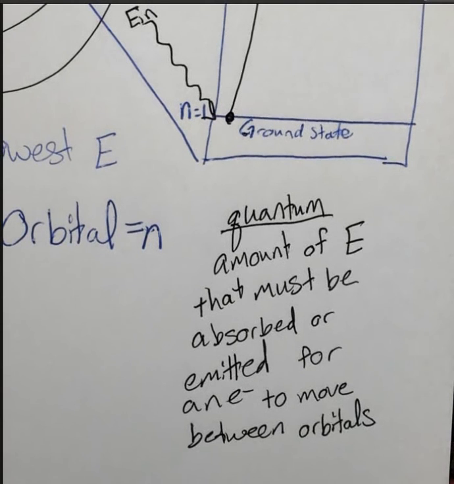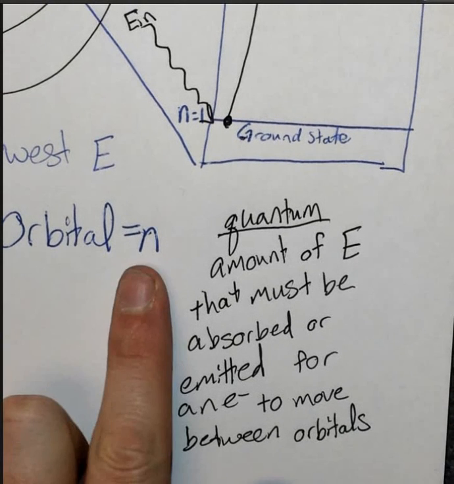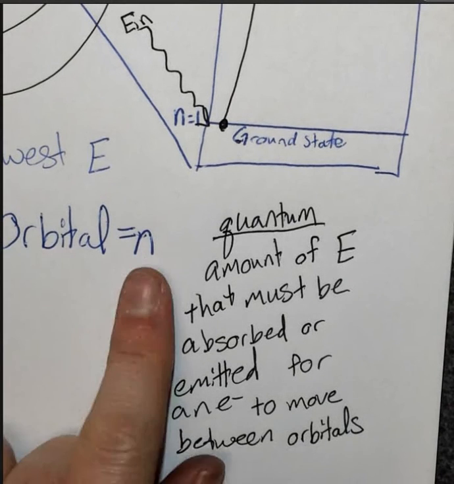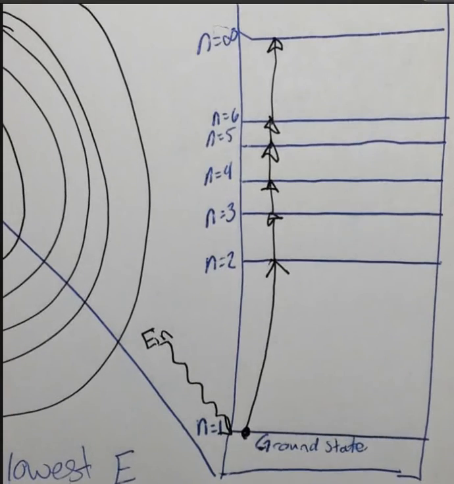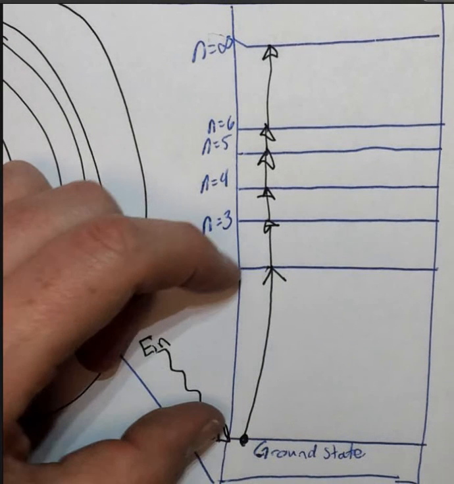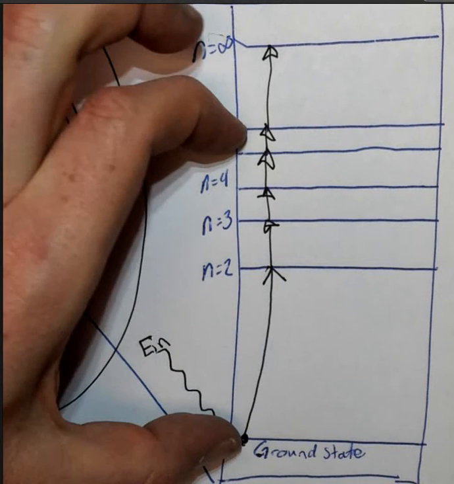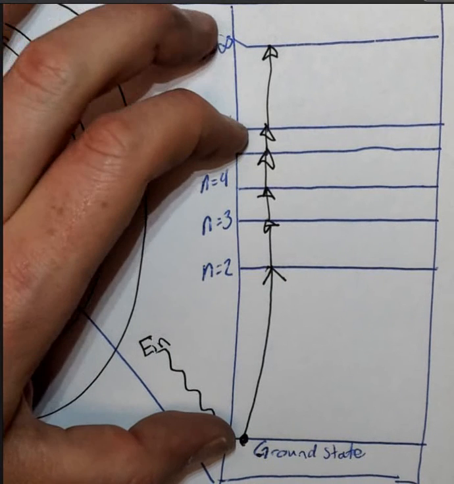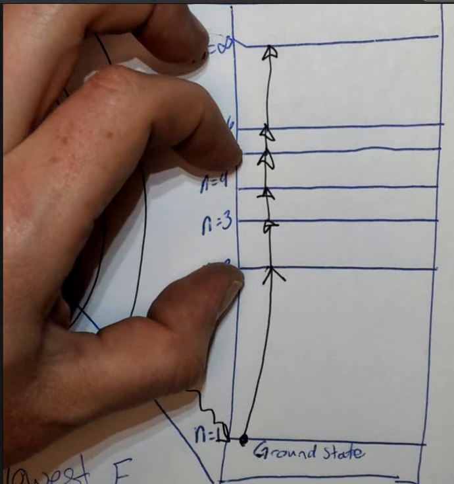Huh? What's the equation up there? An orbital is what an energy level is, and the symbol is N. Okay, so I'll go back to these guys. Depending on the quantum, this is a quantum that would take it from N1 to N2. This is the quantum that would take it from N1 to N6. This is the quantum that would take it from N2 to N5.